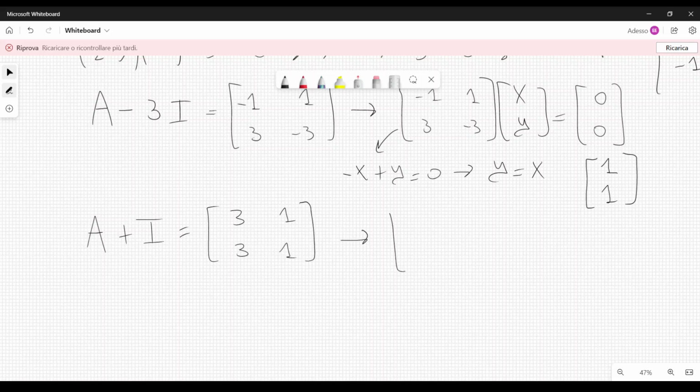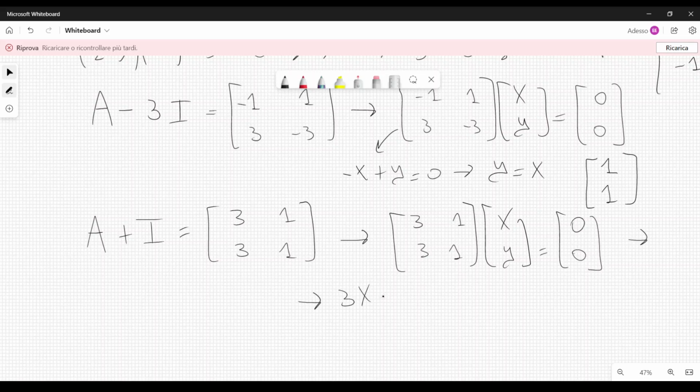And we do something similar. So we have 3, 1, 3, 1 applied to the vector xy and set this equal to the vector 0, 0. And from here we also get only one equation of this kind, 3x equal to minus y. So we can choose the eigenvector 1, minus 3, for example.